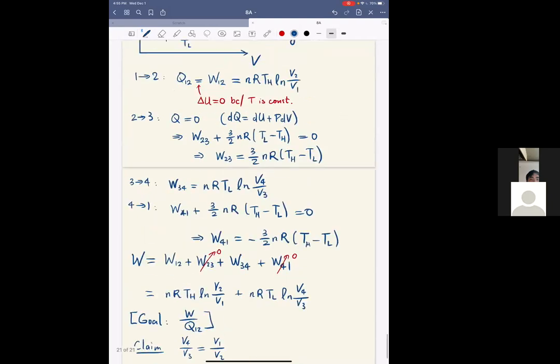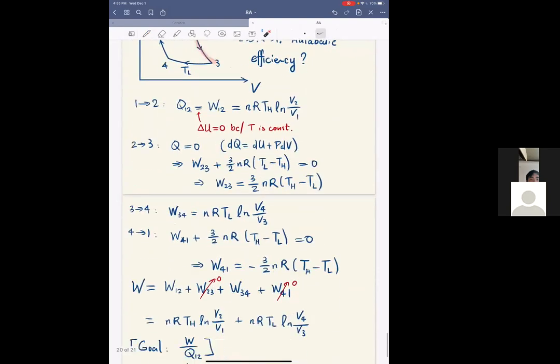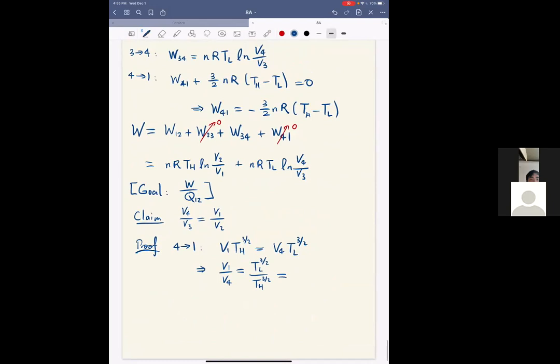Similarly, we can relate T2 and T3 using this adiabatic process, and you can verify that this one also equals V2 over V3. Therefore, we have proved that V1 over V2 equals V4 over V3.